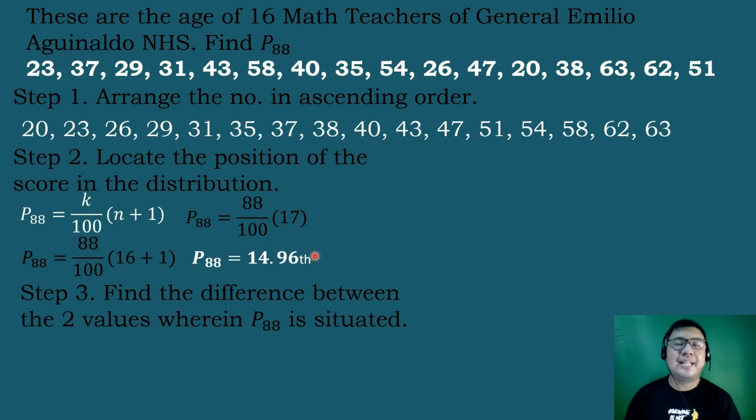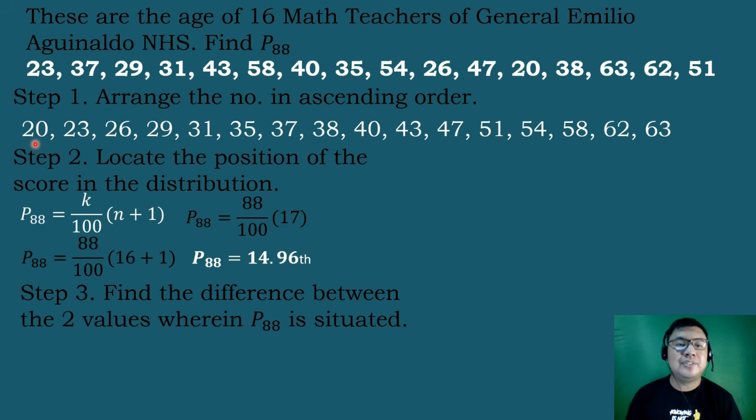And then for the next step, step 3, we will find the difference between the two values wherein P sub 88 is situated. In this case, the value of P sub 88 is 14.96, so P sub 88 is somewhere in between the 14th and the 15th number. We will locate the 14th and the 15th number here in step 1.